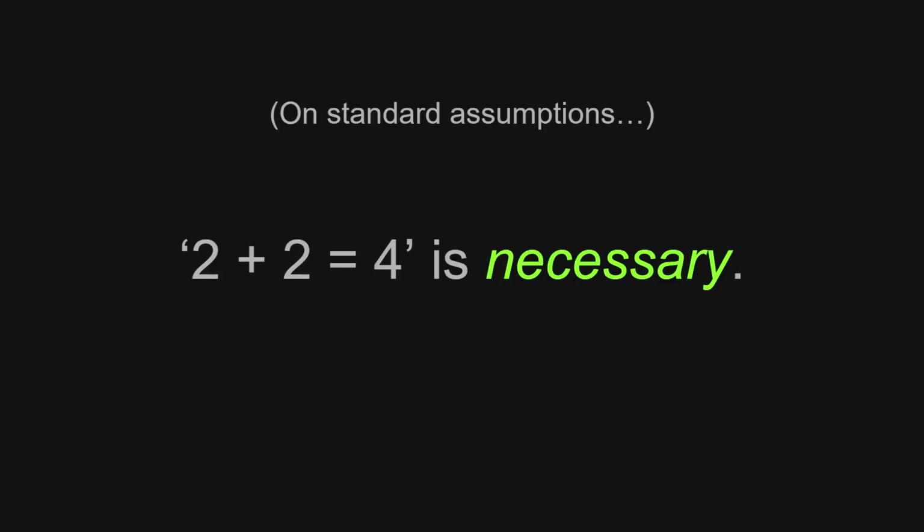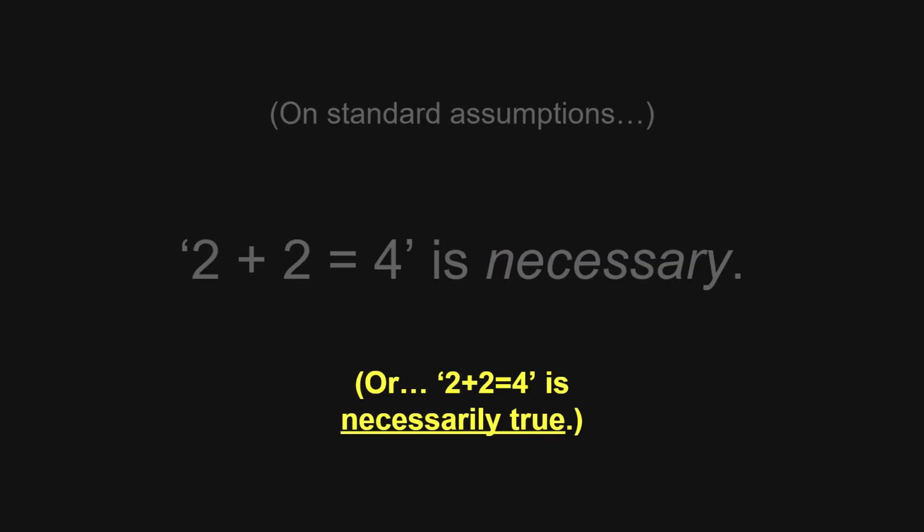So on standard assumptions, something like 2 plus 2 equals 4 is necessary. And it's very common to think of this, it's a mathematical statement, but it's common to think of this as necessary in a logical sense, that there is no world in which 2 plus 2 does not equal 4. It's important to realize we're not talking about naming conventions.